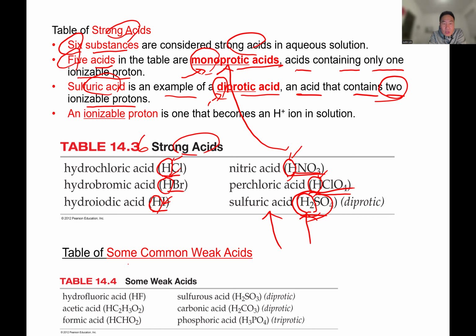Okay. So some common weak acids: HF, acetic acid, formic acid, sulfurous acid, carbonic acid, phosphoric acid. So first, you have to memorize the 6 strong acids. Then the rest of them are weak acids. You understand? It's very important to memorize the 6 strong acids.